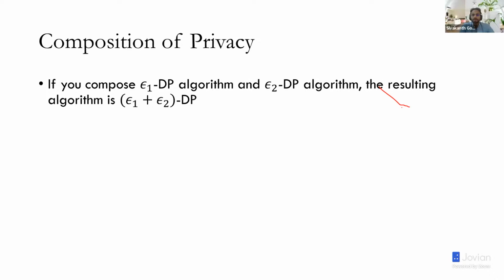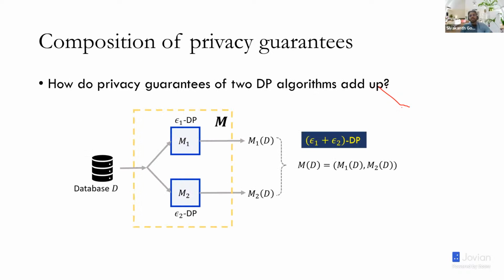The other good thing about differentially private algorithms is that they compose very well. If you have a database and you train a machine learning model and output it, and the first algorithm is epsilon 1 DP and the second is epsilon 2 DP, together the total privacy loss is just the sum of the epsilons.